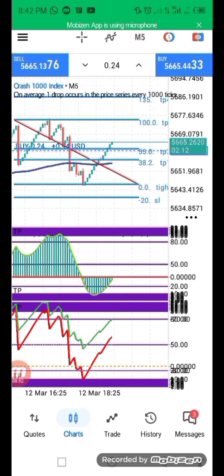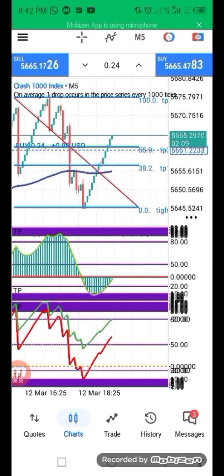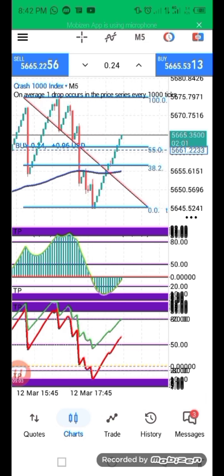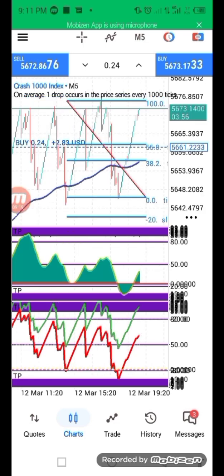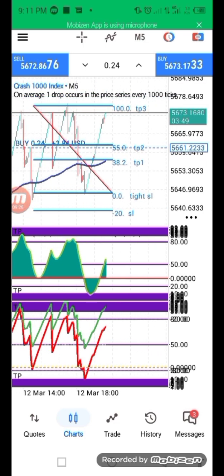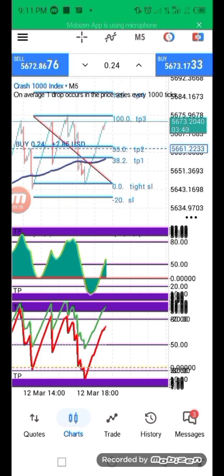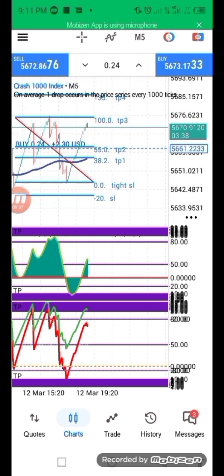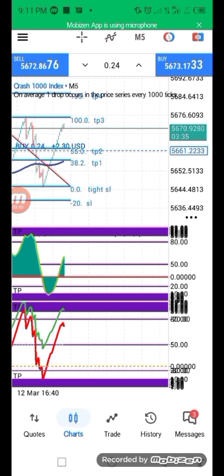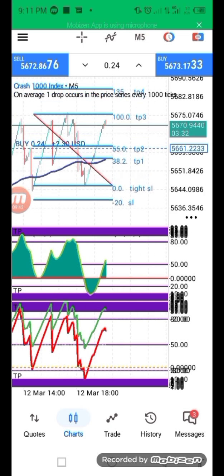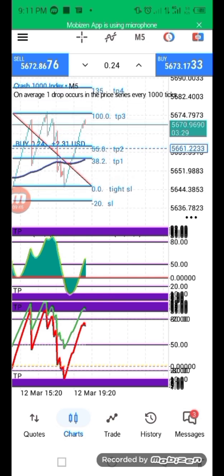So let's just hold on and see as this trade plays out. This market is in deep profit. TP3 in a bit, and probably TP4 will be hit. So let's still watch how it plays out.